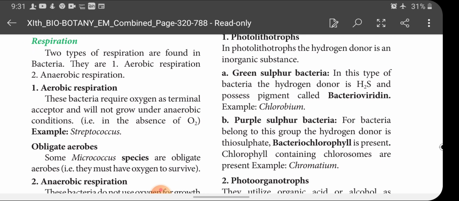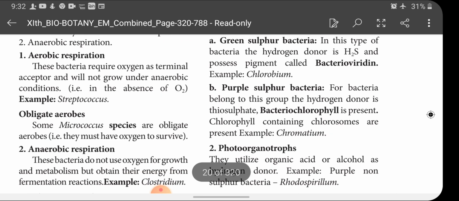So in photolithotrophs, the hydrogen donor is an inorganic substance, you know very well. Based on the inorganic substance used, photolithotrophs are divided into two types, green sulfur bacteria and purple sulfur bacteria. In green sulfur bacteria, the hydrogen donor is hydrogen sulfide and the pigment present is called bacterioviridin, example Chlorobium. Next one is purple sulfur bacteria.